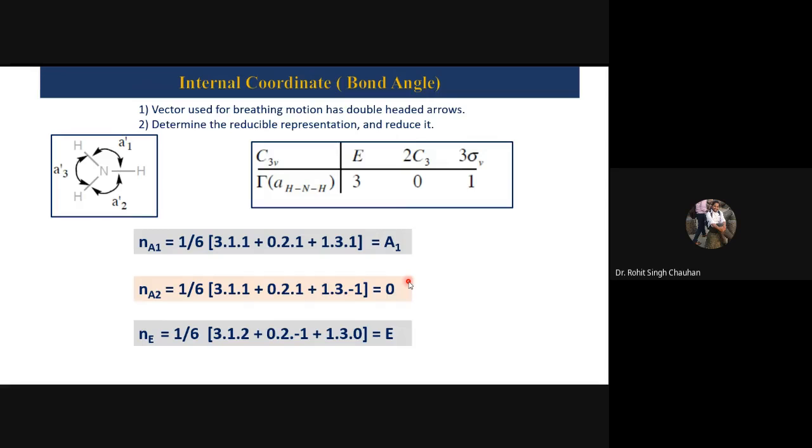In other words, I can say that the IR active modes involved in the ammonia molecule are due to changes in bond length as well as bond angle. And more precisely, both stretching and bending modes are present, because the bending mode comes through angle, but the stretching mode comes through bond length. Okay, sure. So here I have added A1 plus E.